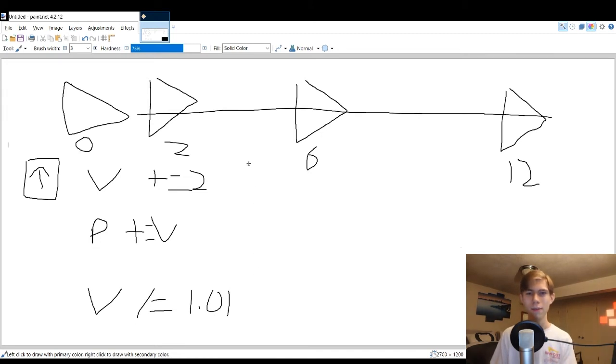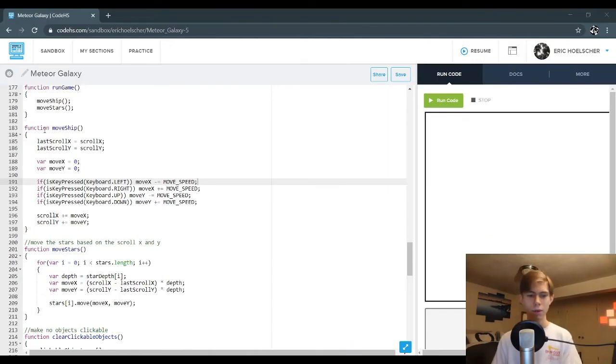So now let's go back to CodeHS and modify the MoveShip method to add velocity and rotation. Now we're going to modify the MoveShip method, but before we do that, we're going to have to declare a few more variables, because now instead of moving in an up, down, left, right direction, we're going to have the rotation and the movement in that direction, like I mentioned earlier.